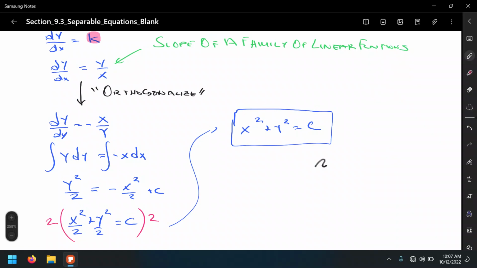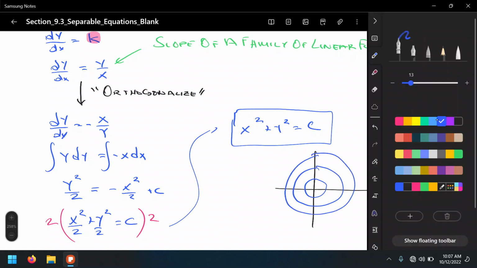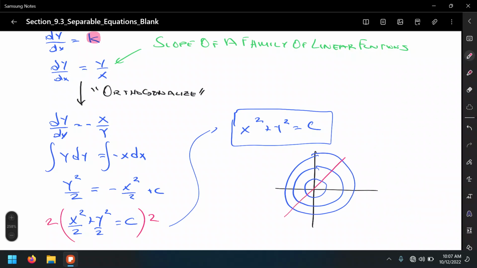So what do we have in this case? We have circles. One circle here, another circle there, and then another here. And we also have diagonal lines, lines that pass through the origin, and we can have many possibilities here.